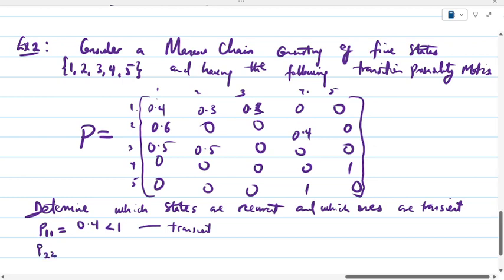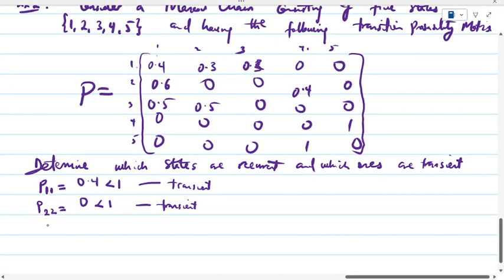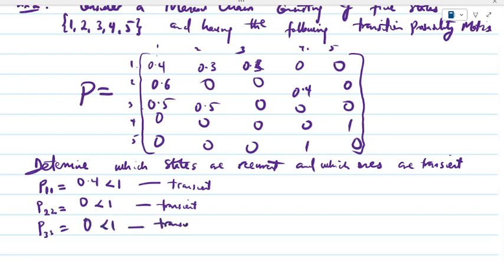Probability of 2 to 2 is 0, which is less than 1, so this is transient. Probability of 3 to 3 is also 0, less than 1, so this is transient. Probability from 4 to 4 is also 0, which is less than 1, also transient.